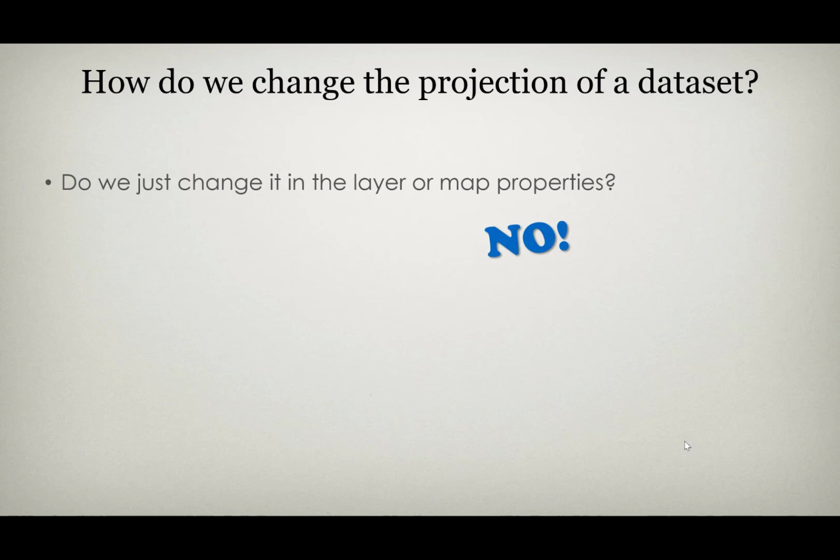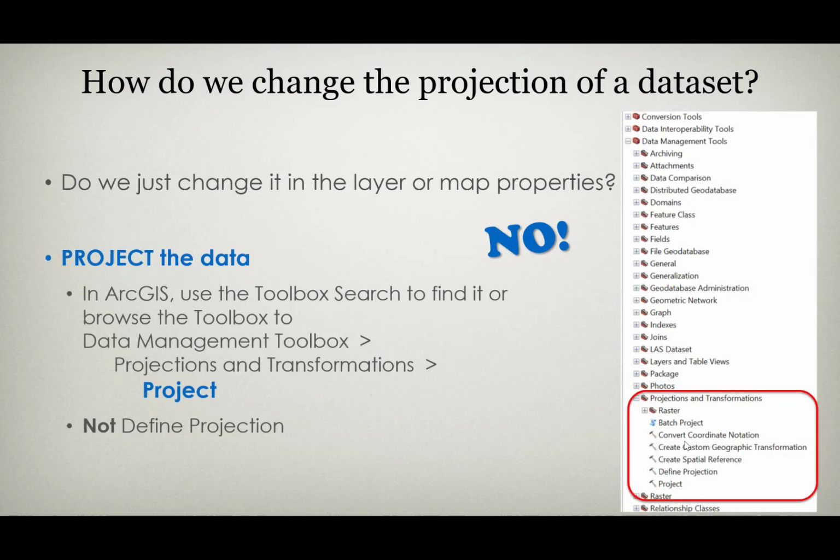That's a little bit different. It's just visual, it's just temporary. Usually what you want to do, especially for analysis, is truly project the data with the tool called project. Here we're looking at the toolbox, and you can see there's a few different tools related to projections. There are 3 that are probably going to pique your interest.